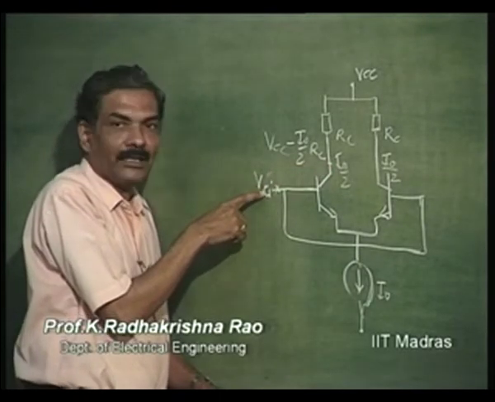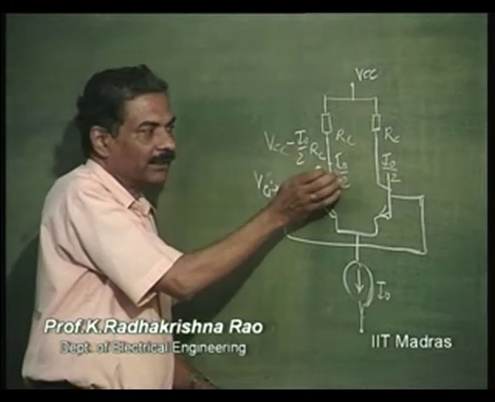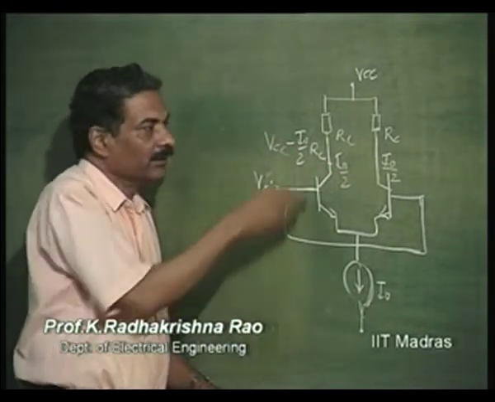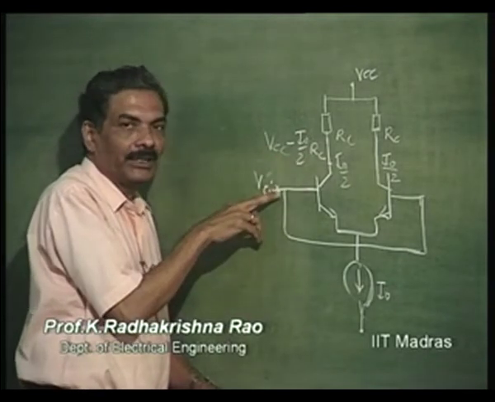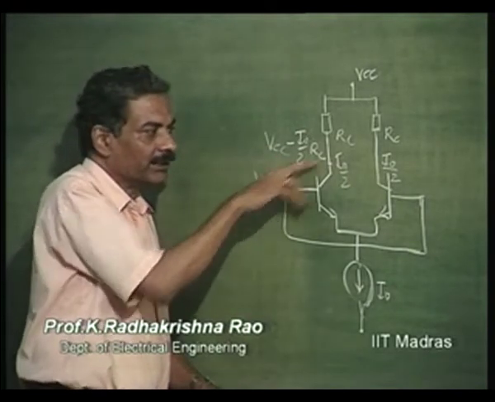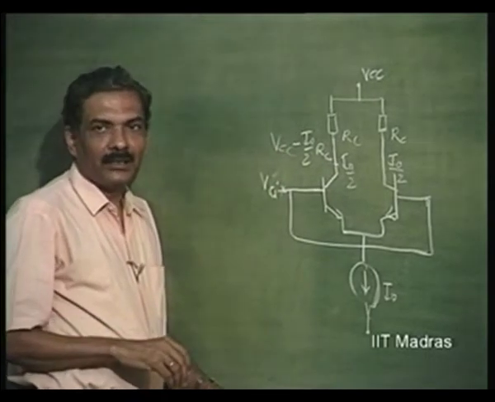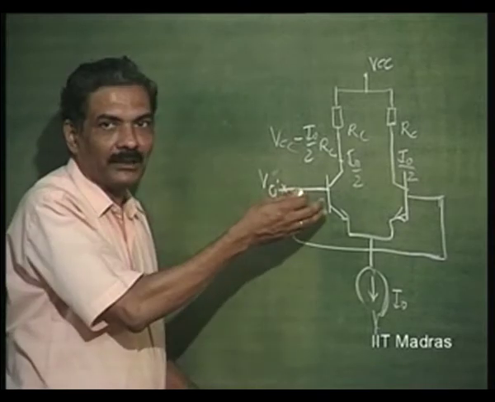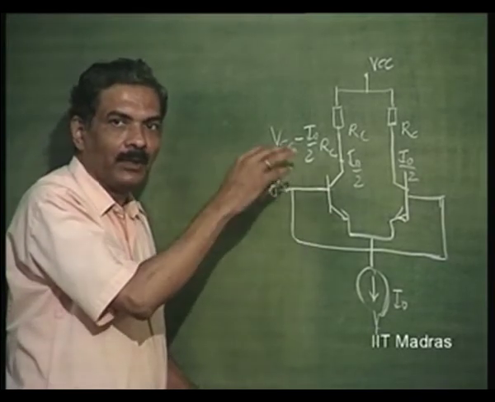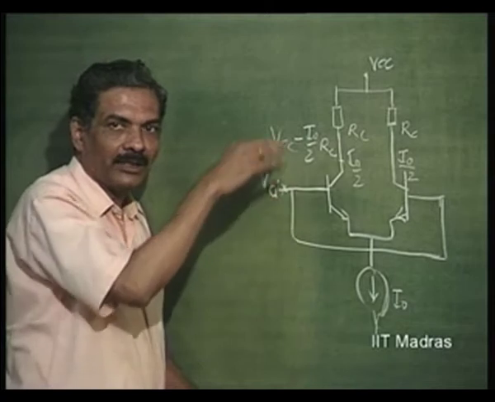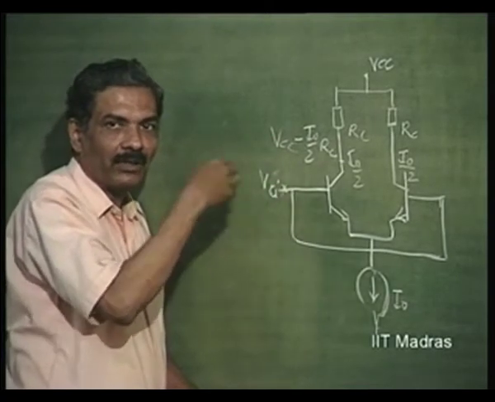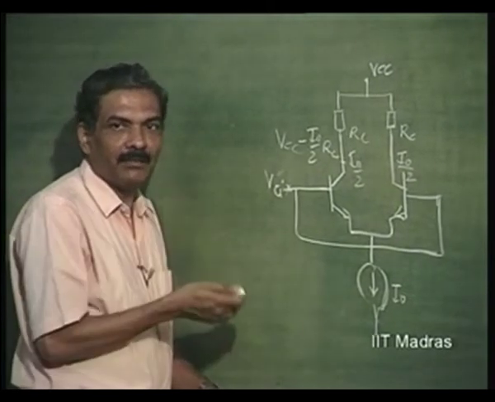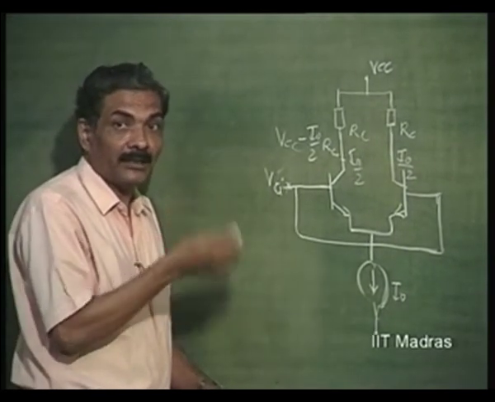So, this cannot rise above that, particularly if such an amplifier is the input stage of an op amp or something like that. If the common mode voltage changes above this, this transistor will lose its active nature and it will come to saturation, and the feedback is going to change from negative to positive, and that will cause what is called signal dependent instability.